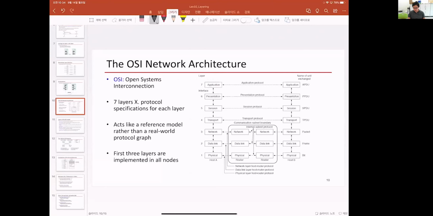So 7 layers, from the physical at the lower end to the more abstract at the higher end. In the middle, the routers and switches only take care of the second layer when you are a switch, up to the third layer when you are a router. And that is how we design.